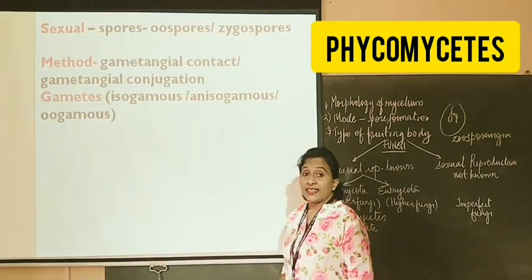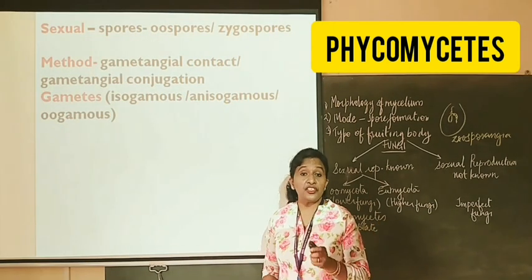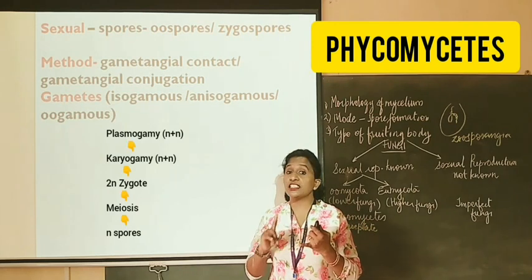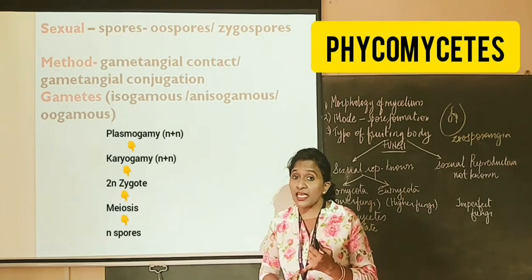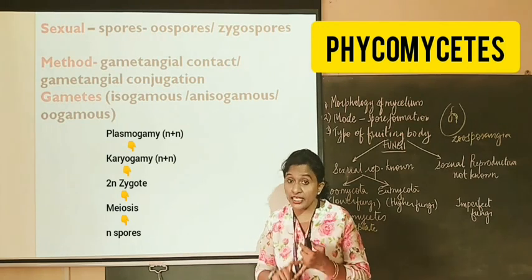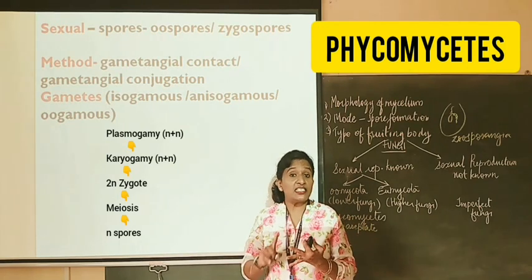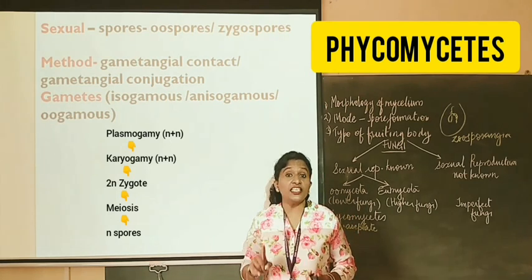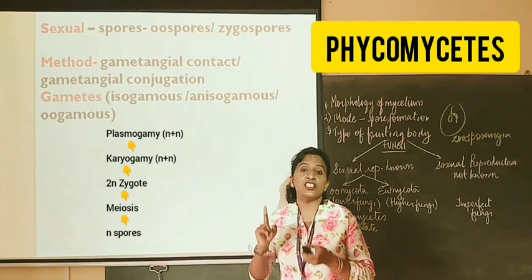Okay. In sexual reproduction, we should remember that it follows plasmogamy, that is the fusion of protoplast, then karyogamy, that is the fusion of nuclei, and then once the zygote is formed, that will undergo meiotic division to release spores.